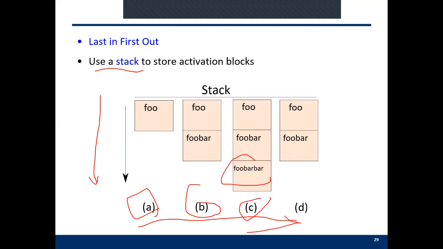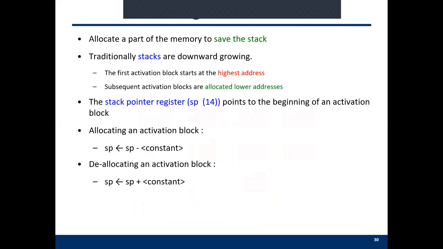So foo bar bar is the last one to get into this stack, but it goes out of this stack first. And for the stack, you only have limited capacity. So if you want to allocate a huge memory, you have to use the heap.